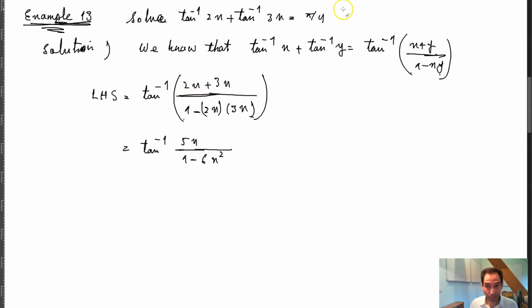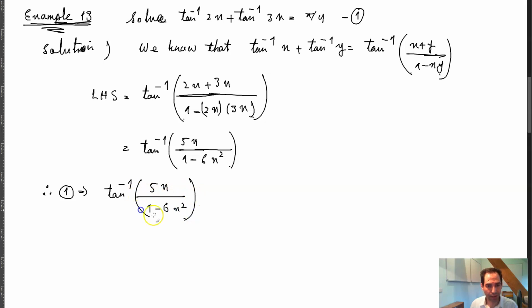So now if I call this 1, therefore 1 becomes the tan inverse of 5x over 1 minus 6x squared is equal to pi by 4, which is equal to the tan inverse of 1. Of course, 1 has to be in the domain of the tan function, which you have to check.